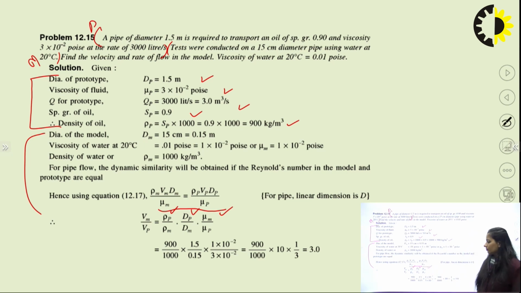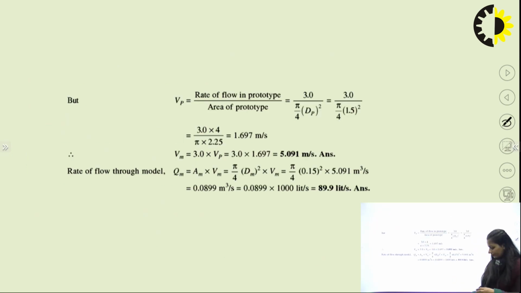The question asks to find the velocity and the rate of flow in the model. So you can get Vm by Vp by equating in this Reynolds model formula. You need to solve it, and you will get Vm by Vp equal to 3.